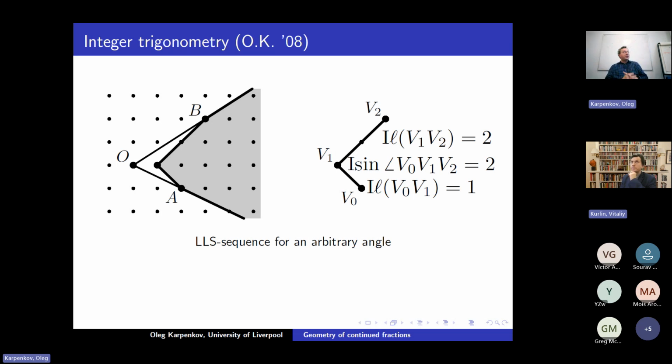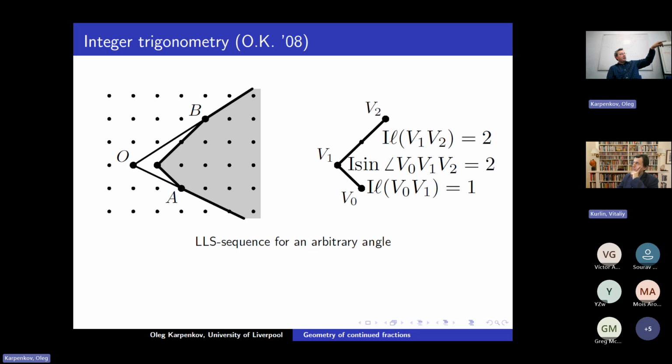Right. So why is it nice for us? Because now we can consider angles without thinking about any coordinates at all, and we can build the LLS sequence for every single angle. Here we similarly consider the convex hull of the integer points inside, and of course we have a broken line. Here we have only two segments. For instance, here we can compute integer lengths. The first one is 1, there are no points inside.